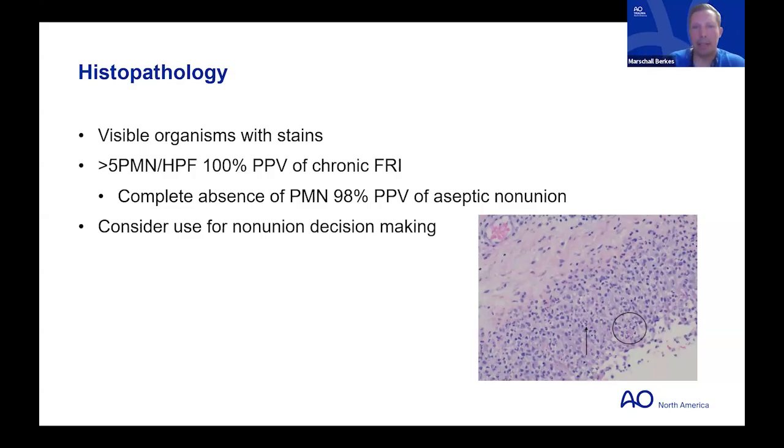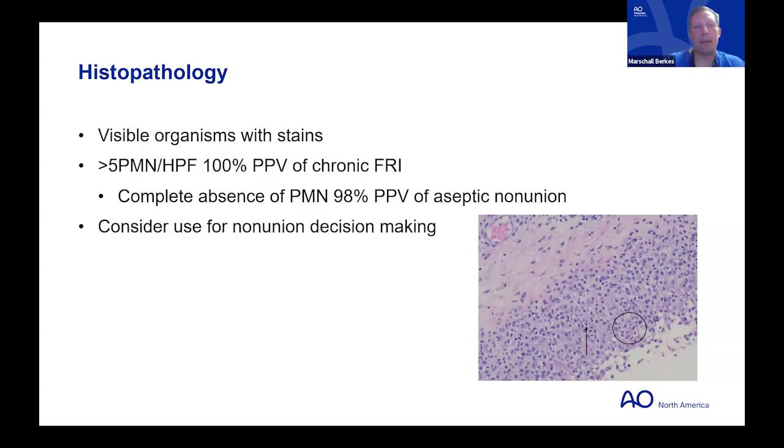Certainly, if you have bacteria within the stain, within the field of view of the microscope. Also, it is suggested that greater than 5 PMNs per high power field is extremely useful in terms of positive predictive value for chronic fracture related infection.